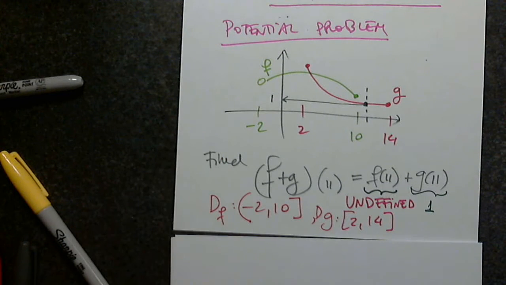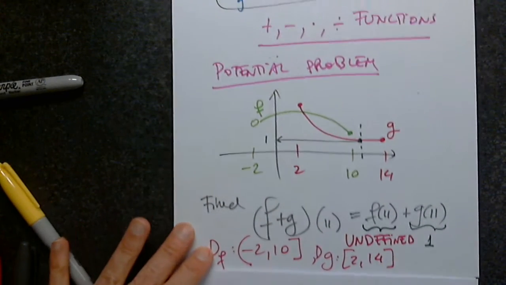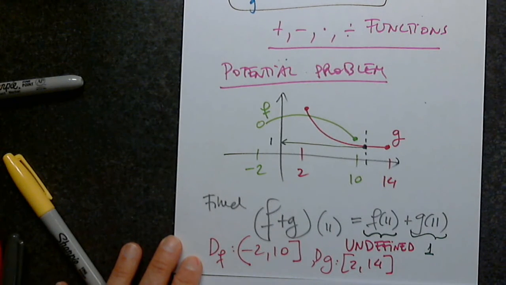You will say, Monica, if you want me to evaluate your functions, sum, difference, product, or ratio for anything, you'd better select X where? Where can I select X from?